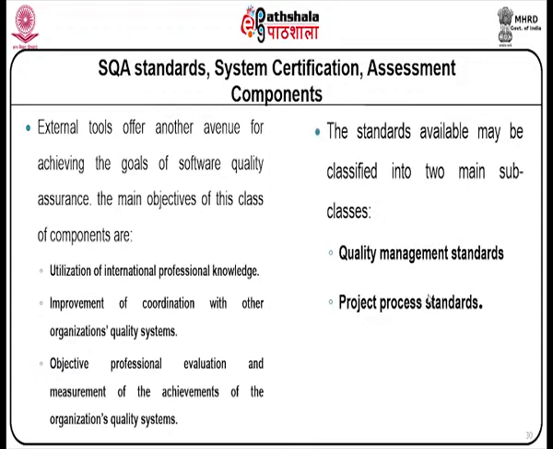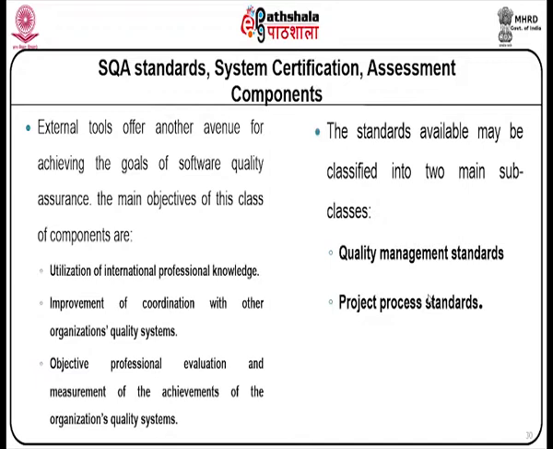The main objectives of this class of components are utilization of international professional knowledge, improvement of coordination with other organizations' quality systems, objective professional evaluation and measurement of the achievements of the organization's quality systems.